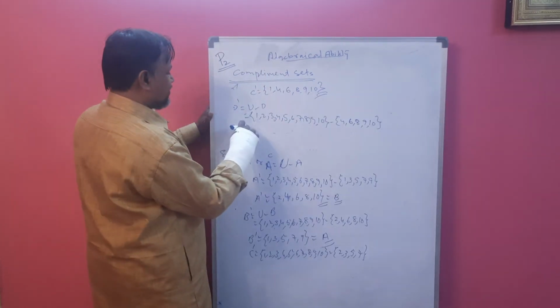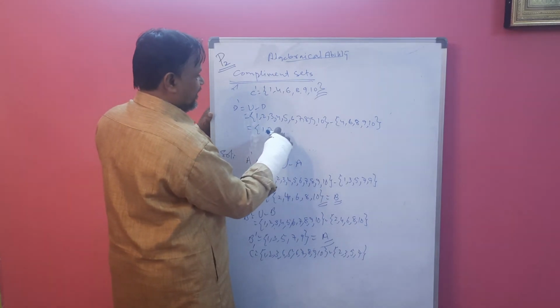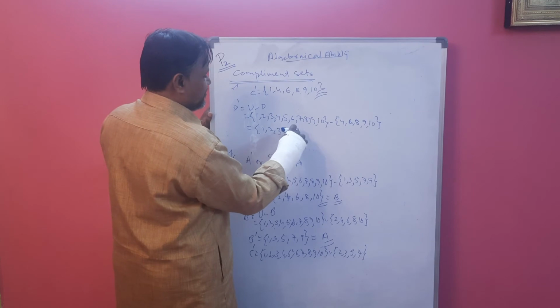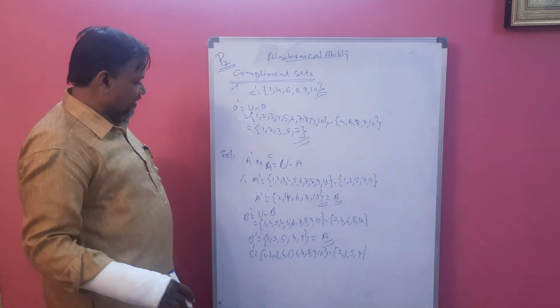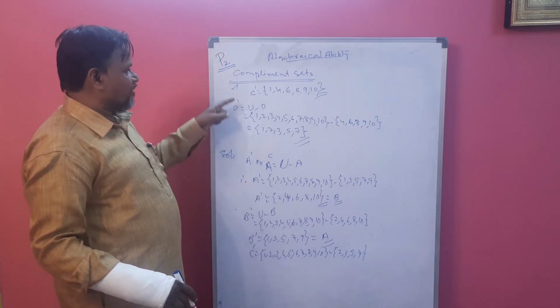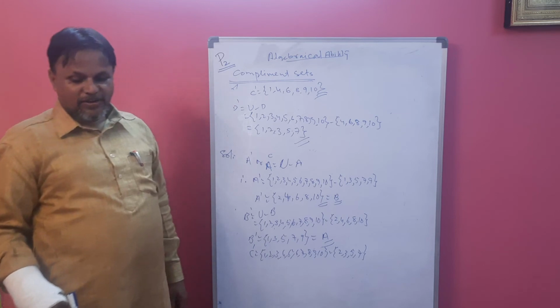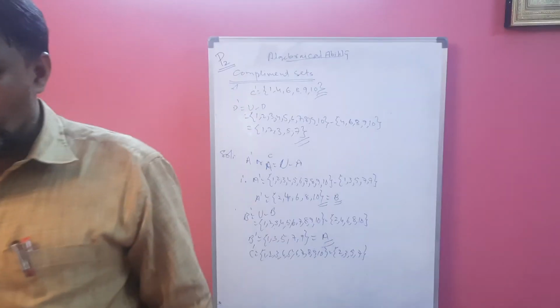Okay. Now subtract that. You will get what? 1 left. 2, 3, 5, 7. These are our complements. Complement can be taken by subtracting the set itself from the biggest one, or the universal set. So like that we find the complements.